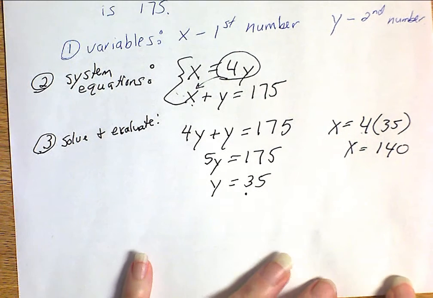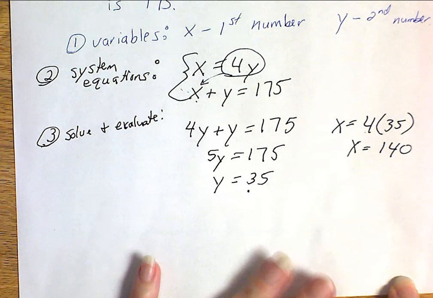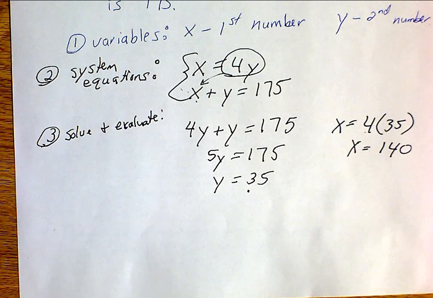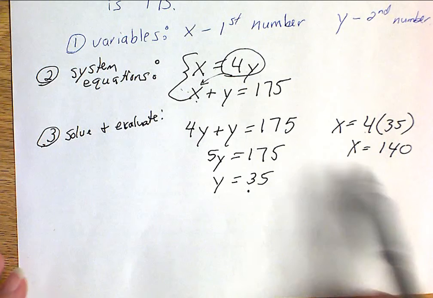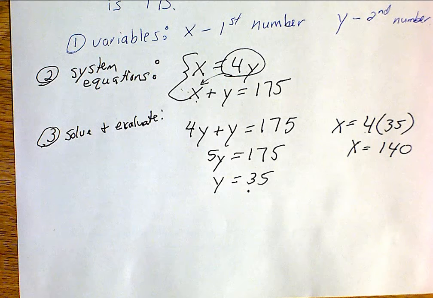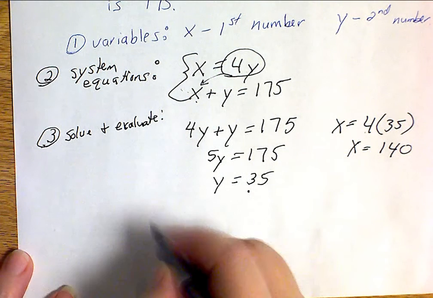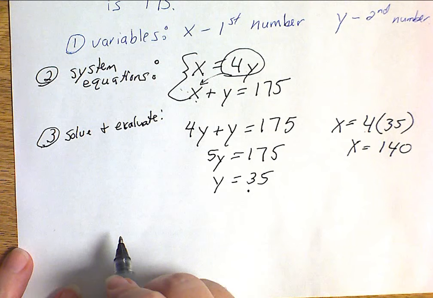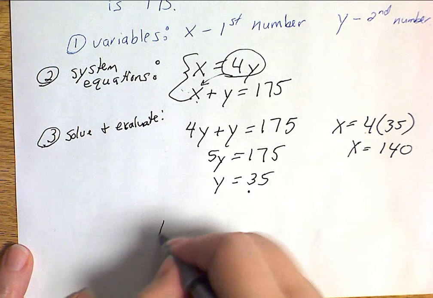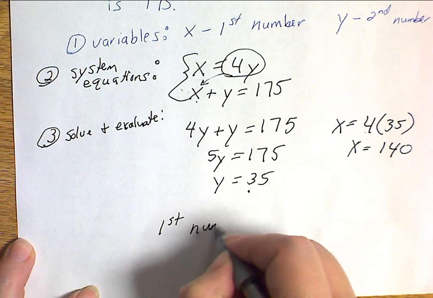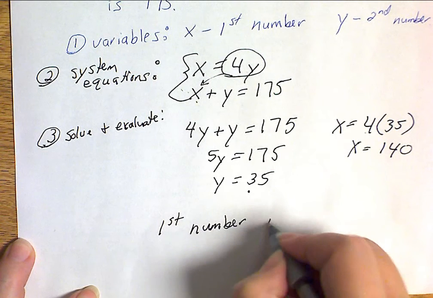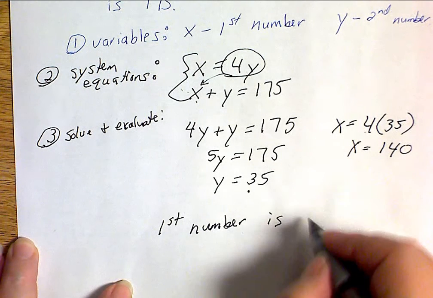Alright, so when we're doing story problems, we need to know what is 35 and what is 140. You can't just tell me 35 and 140. What are those? You want to make sure you clarify that. Well, 35 is the second number and 140 is the first number. Okay, so the first number is your 140.